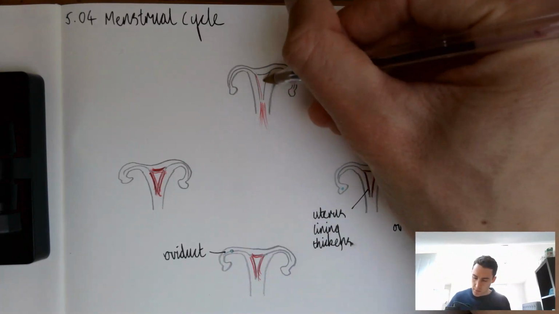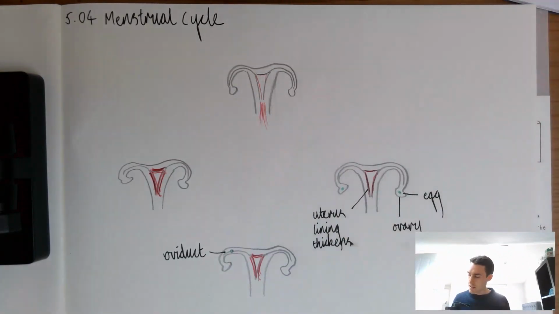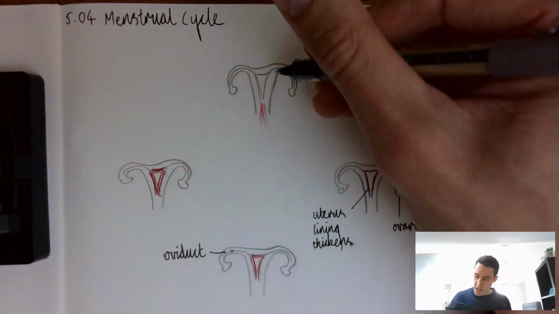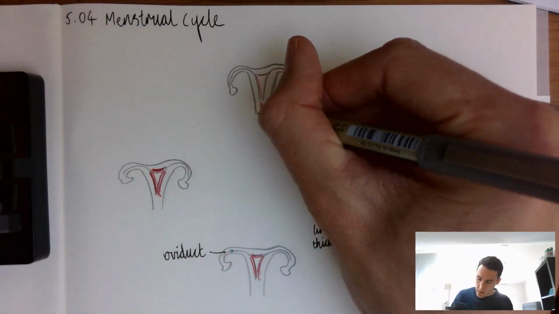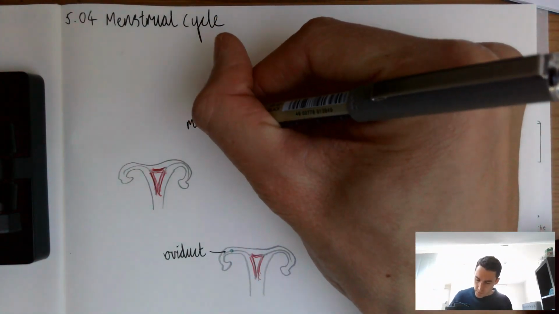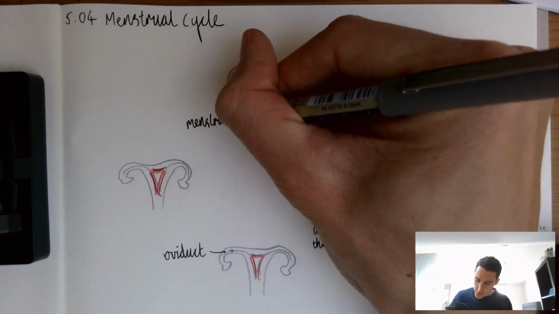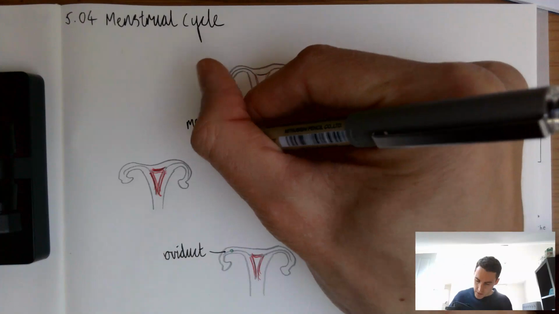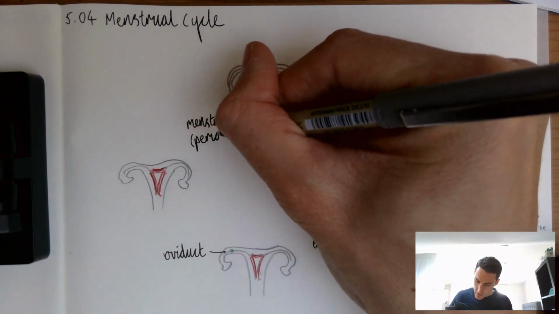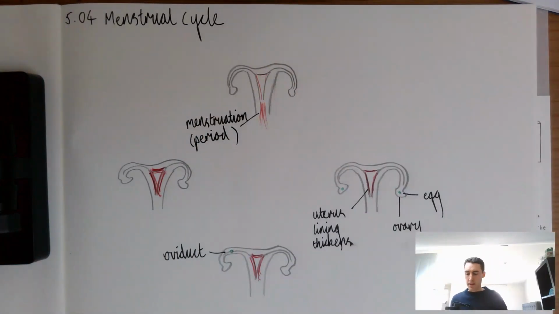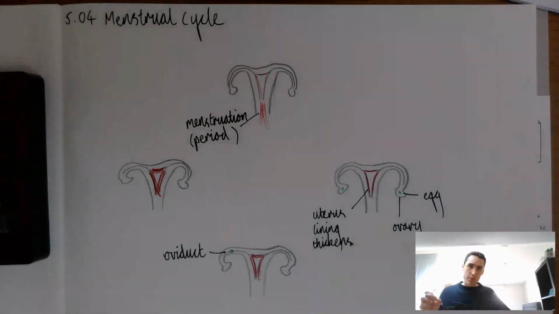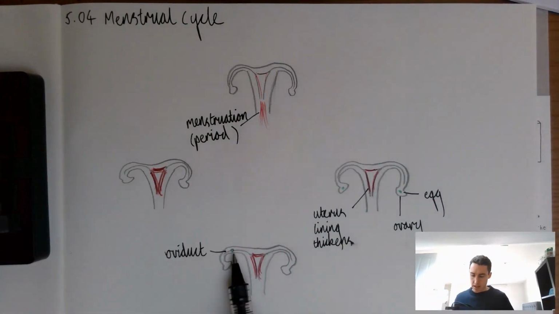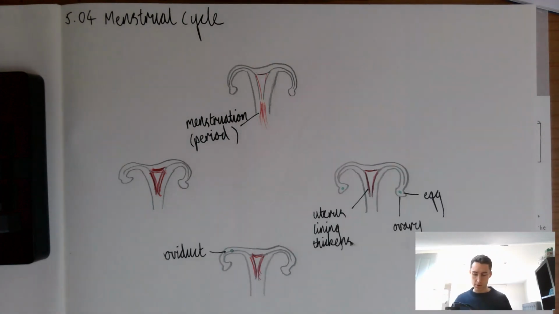This is what's called menstruation. So I'll label this as menstruation, and of course students will probably know it more as a period, so I can label it as a period as well. But again, what they need to understand is that's only going to happen if there's no sperm to fertilize this egg. We'll come back to what happens if fertilization happens later.